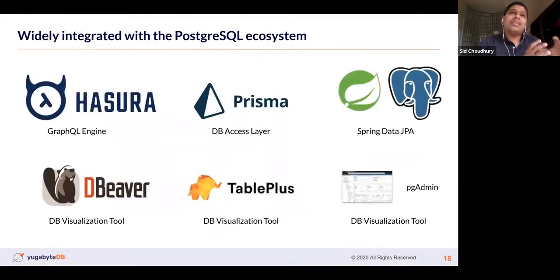The benefit of this depth that you see on day one, by being so Postgres compatible, is that we can widely integrate on day one with the rich Postgres ecosystem that we all have come to love over the years, right? Whether it be the language development frameworks with the likes of Hasura, Prisma, Spring Data, or the data visualization tools that are out there like DBeaver, TablePlus, pgAdmin, they all essentially work out of the box.